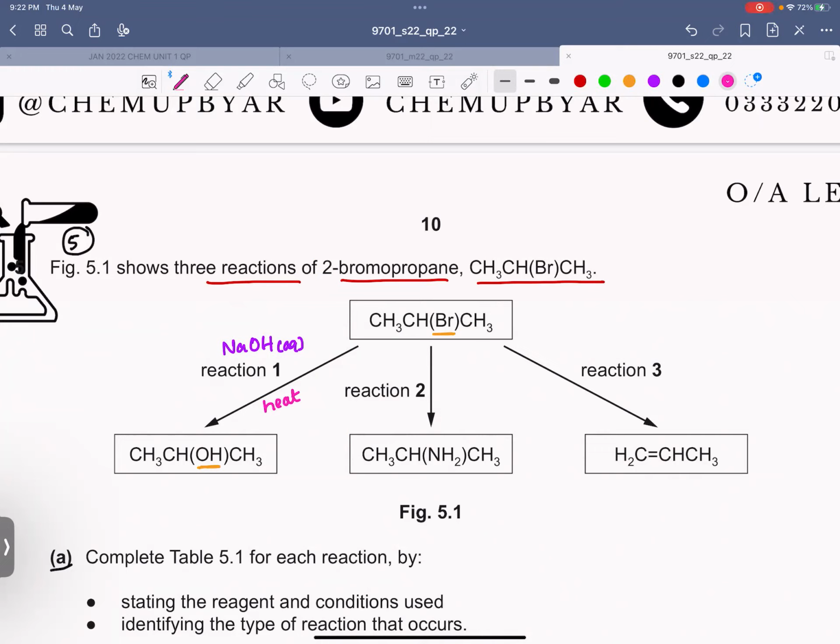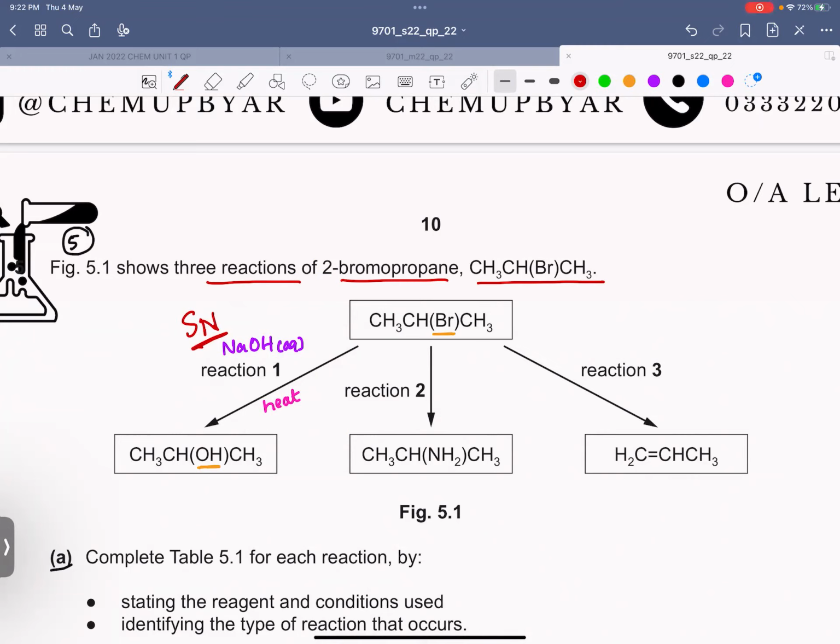And if we go for the type of the reaction, you see the bromine is replaced by OH. So when the bond is broken, it turns into a bromide ion, and when the OH comes, it comes as a hydroxide ion. So a nucleophile is substituting the other nucleophile. So we consider this reaction a nucleophilic substitution reaction, SN reaction. Is this clear to everyone?